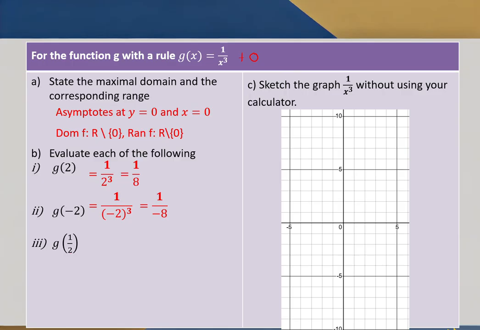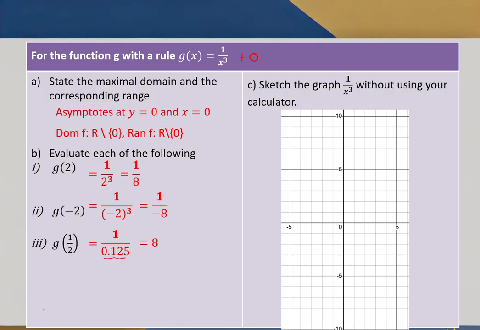Likewise, if I put in a number that is smaller than 1, say a half, then half to the power 3, I'm going to get something really small. And the smaller this is, the bigger the result will be, which means 1 divided by 0.125, well, the bigger the number will be.